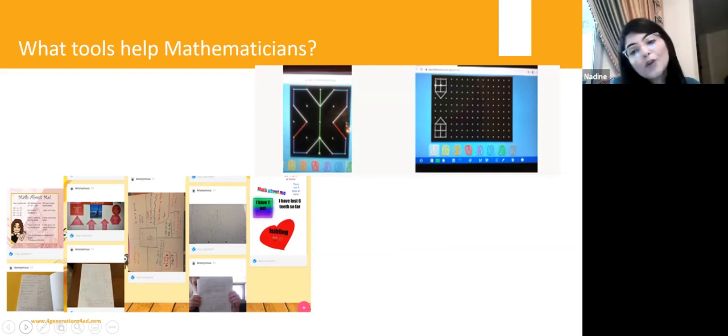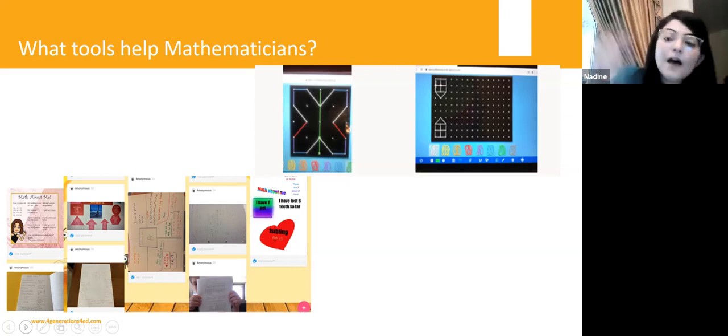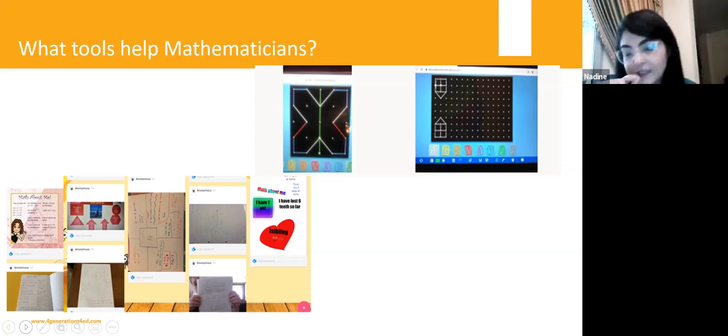So we supported them with an online or a digital geoboard, and they had to reveal their understanding of how shapes flip, turn, and slide. And guess what? Some of them really impressed us, how they integrated other mathematical concepts while using this online tool. They went, for example, beyond this concept and integrated symmetry and other concepts also.